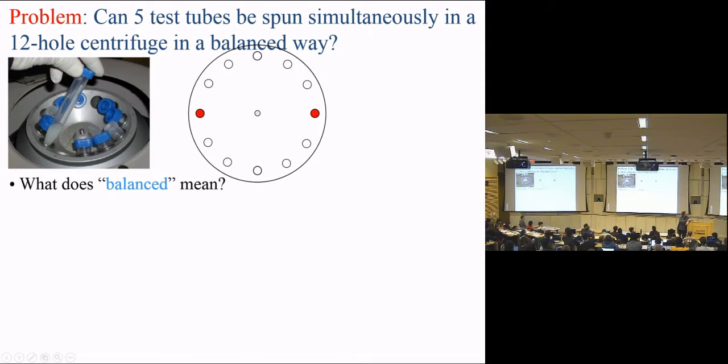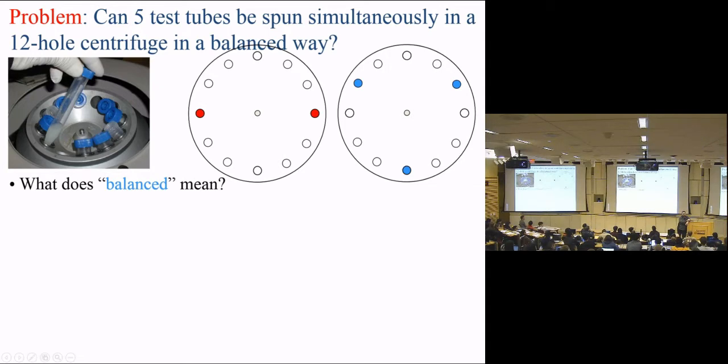Yeah, so you can spin up 3 test tubes like this. They're equally spaced. So the blue ones are equally spaced, but these are 2 separate configurations, 2 separate centrifuges. What's the key insight here, do you think? We're almost there. Maybe somebody who hasn't spoken yet today speak up. I want to get more people participating. It's fun. You'll see, you'll feel the rush, the adrenaline going when you speak up because it takes courage.